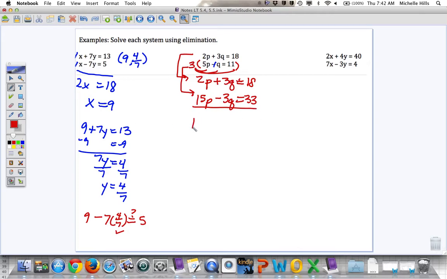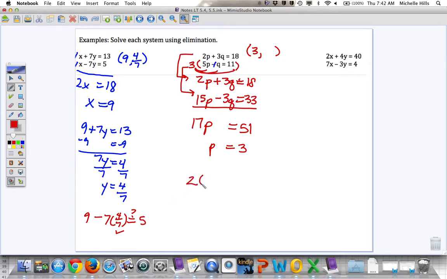Now when I add these together, I get 17p. This drops out because it's 0, equals 51. Dividing both sides by 17 gets me p equals 3. Now, we don't have x and y, but alphabetically p comes before q, so it's 3 something. I look again, and I would probably choose the first equation because everything's positive.